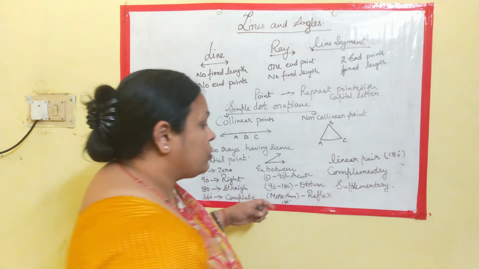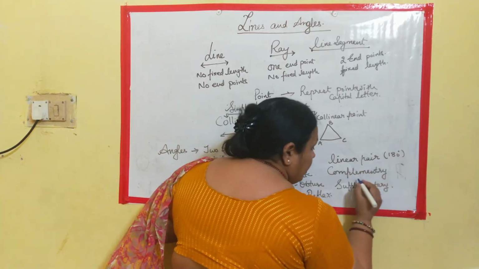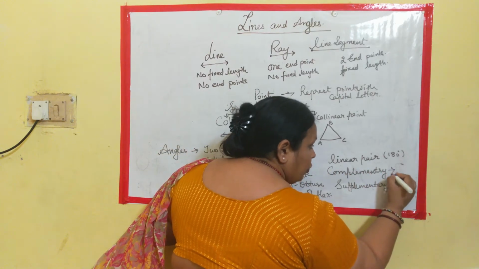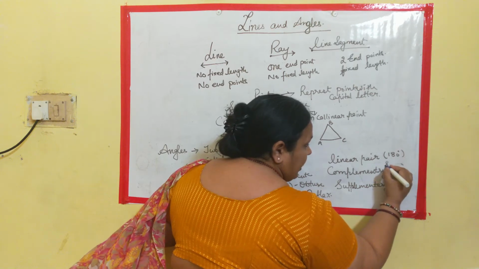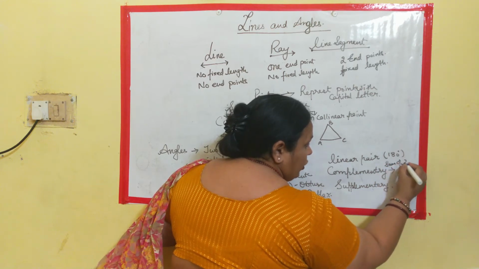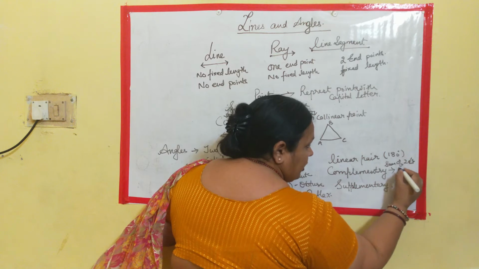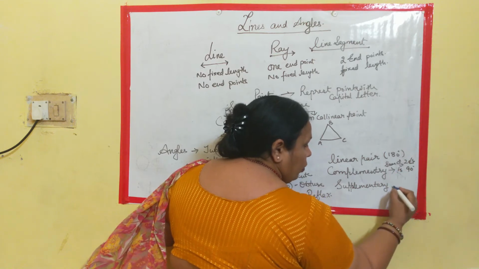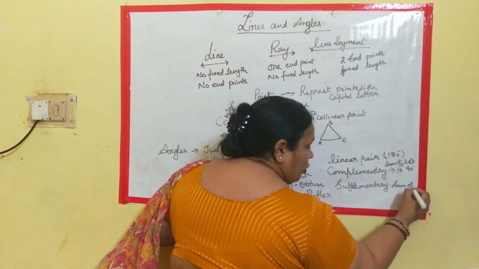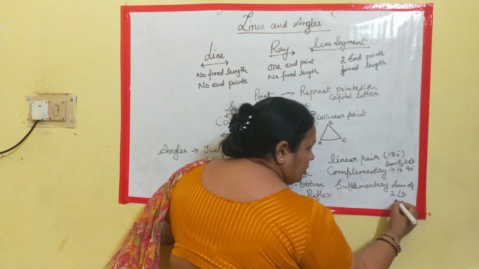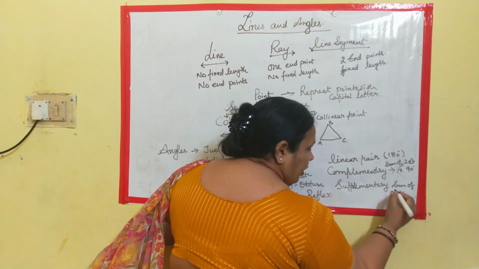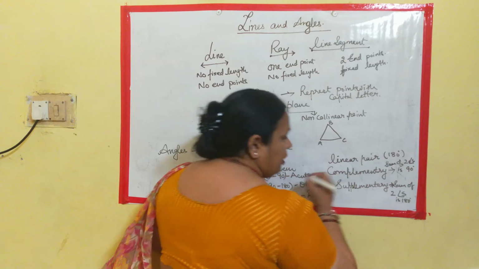Now when we talk about complementary and supplementary, we will be discussing the degrees also. Complementary is when the sum of two angles is exactly 90 degrees. When the sum of two angles is 180, we call it supplementary.